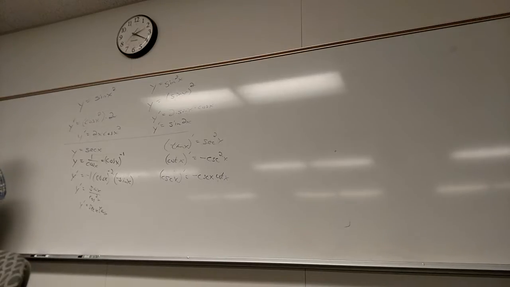You need to know these. So derivative of tangent is secant squared, derivative of cotangent is negative cosecant squared. Co stuff becomes a negative derivative. I like it.